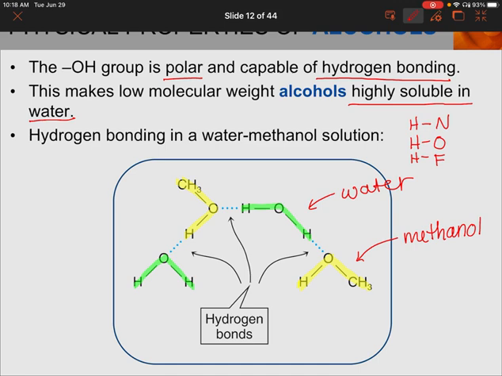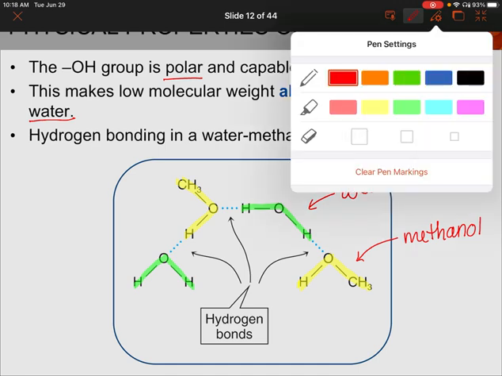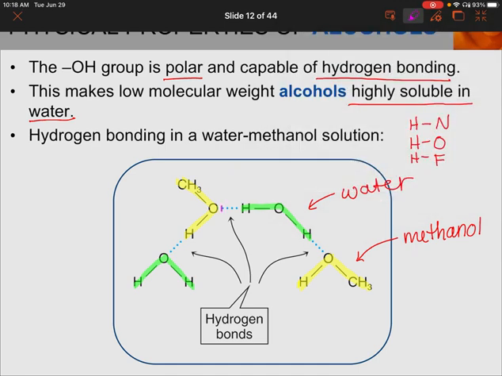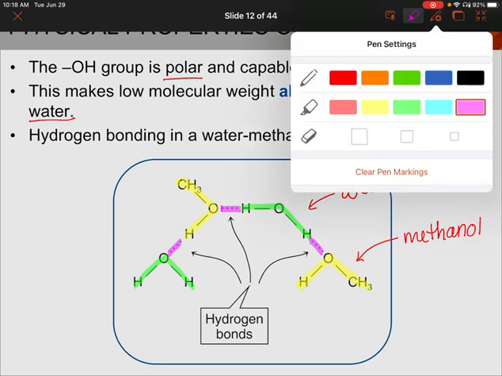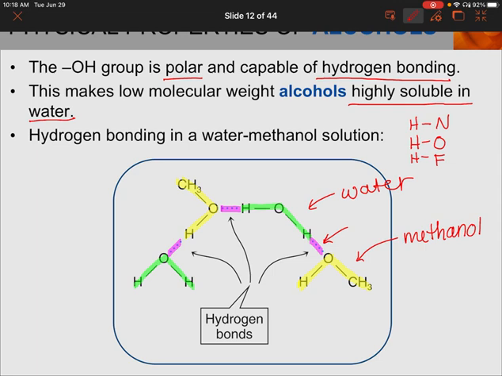Hydrogen bonding has to occur between the hydrogen on one molecule that's attached to oxygen, nitrogen, or fluorine, and the oxygen, nitrogen, or fluorine of another molecule. Notice here that we always have a hydrogen between two oxygens, at least in this example. Those are the hydrogen bonds that I just highlighted.